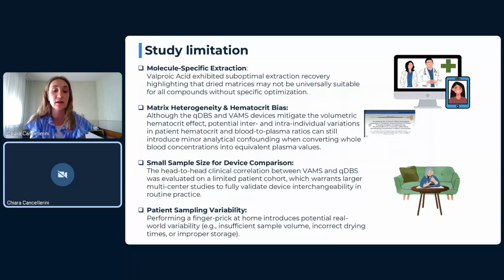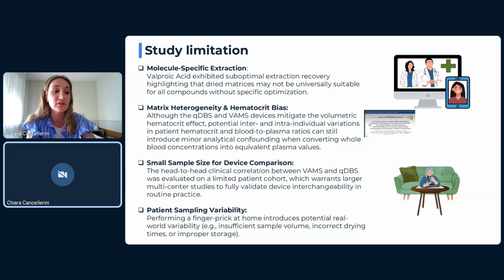As I showed you, some drugs, for instance valproic acid, show a suboptimal extraction recovery in dried matrices, and so cannot be used for this analysis, or at least we have to better study the use of these drugs for microsampling.